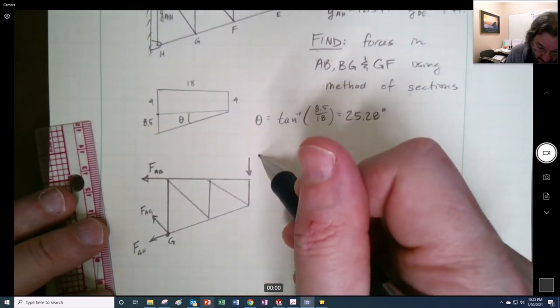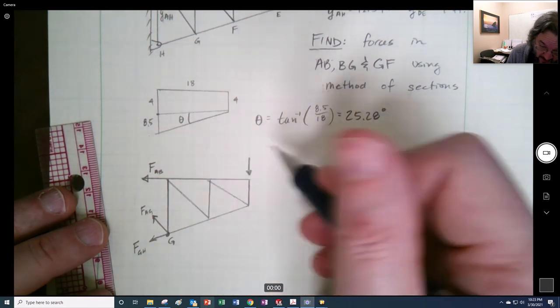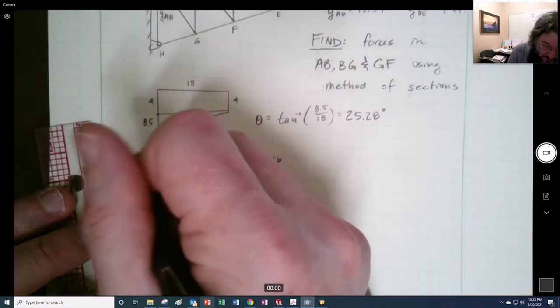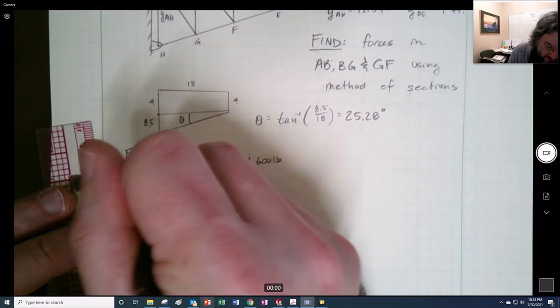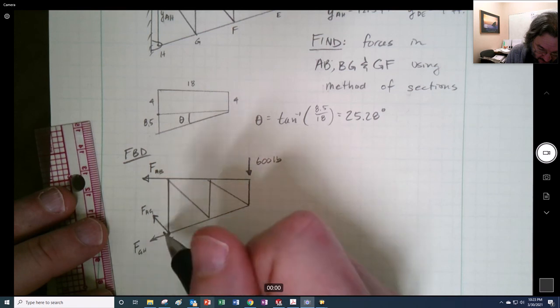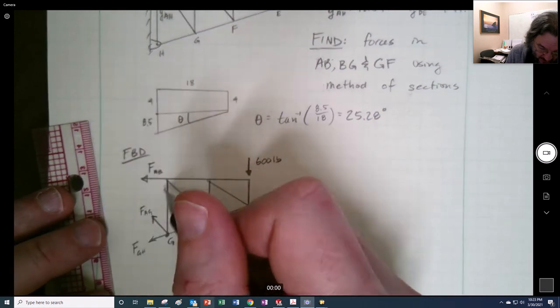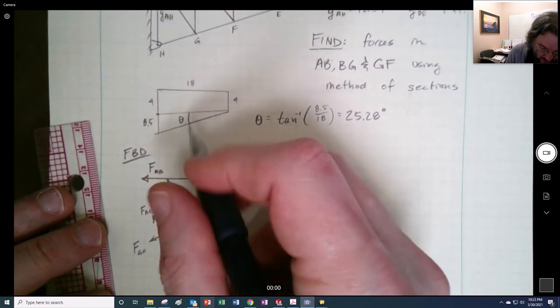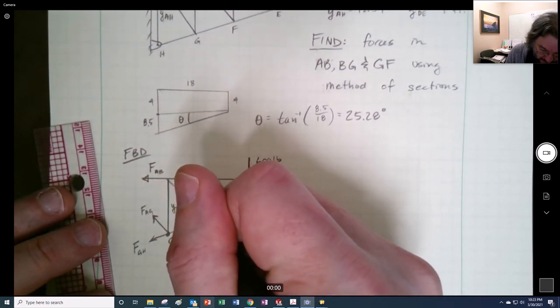And this is my, what is it, 600? Yeah, 600 pounds. And here's an FBD of this. Okay, so I'm going to need this dimension, which I might call YBG.